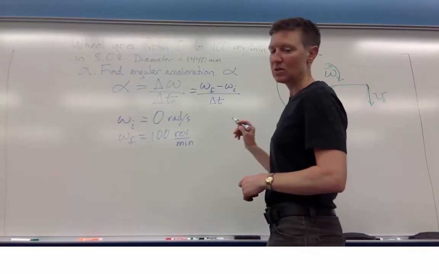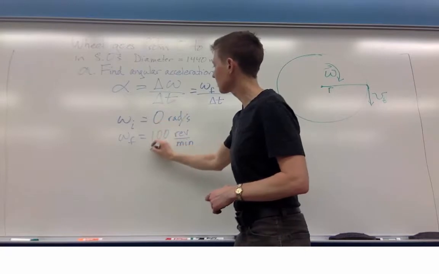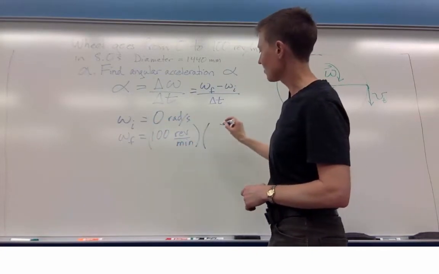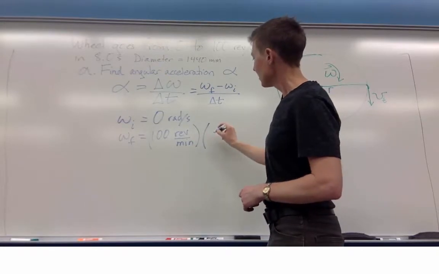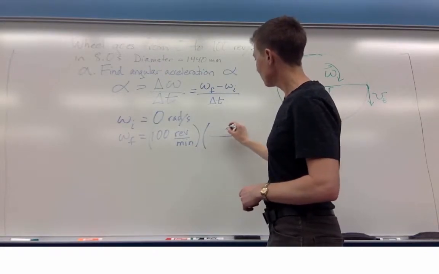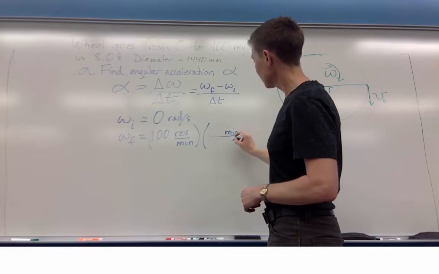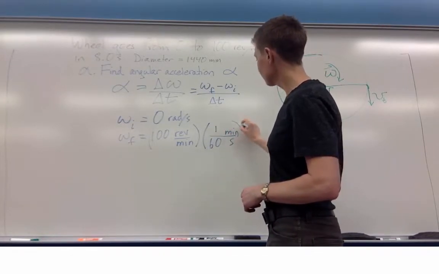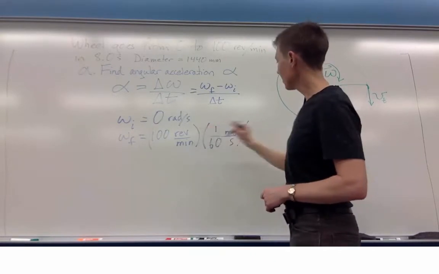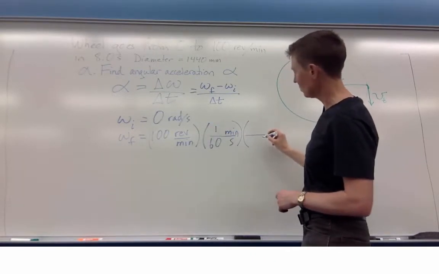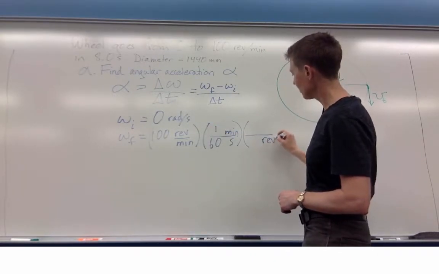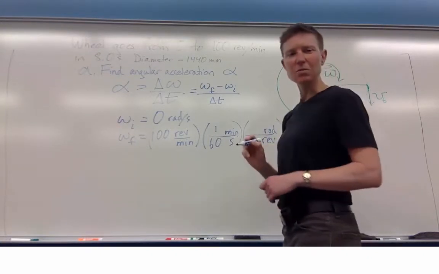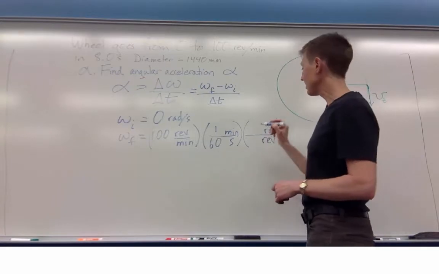So we'll multiply our revolutions per minute. We want to end up with radians and seconds. So if we have minutes on the bottom there, let's put minutes on the top, seconds on the bottom. 1 minute is 60 seconds. And now we want radians instead of revolutions. So we'll put revolutions on the bottom, radians on the top. And a single revolution is 2 pi radians.